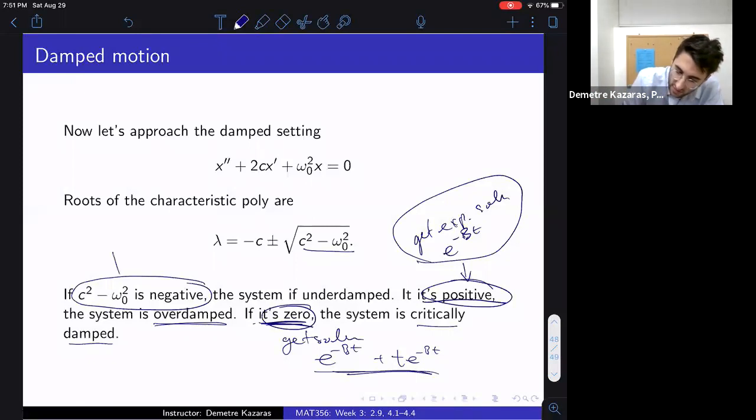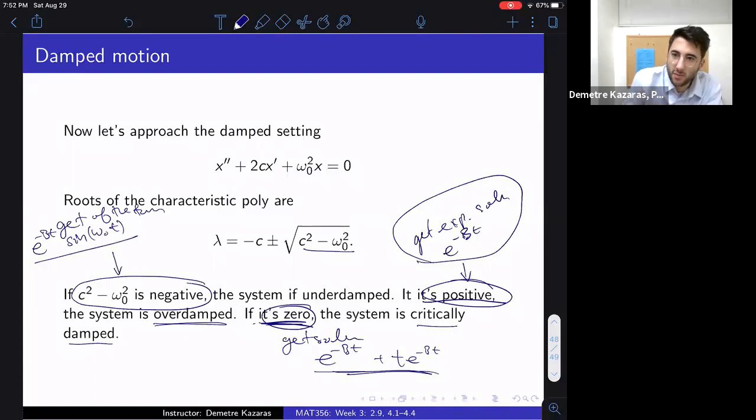And then the third possibility is what's under the radical is negative. You get complex roots. That gives you sines and cosines after using Euler's formula. So you get solutions of the form e to the minus bt times something like cosine of omega t.